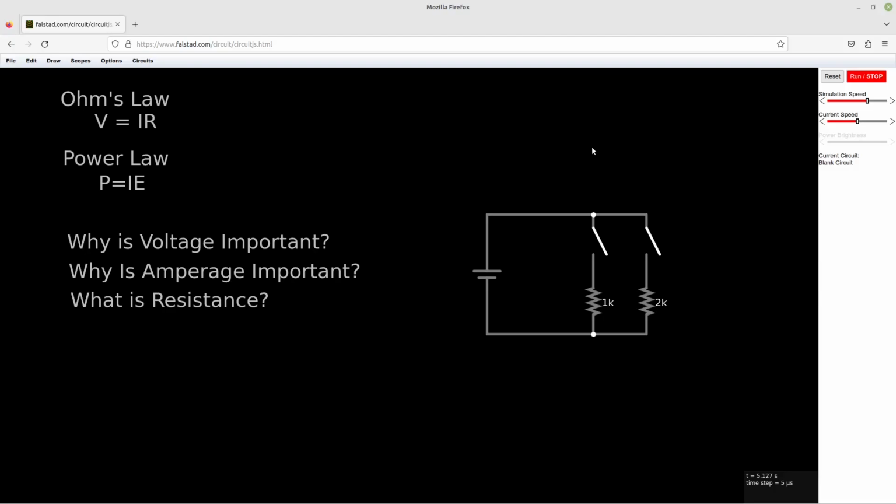So you might be wondering, why is voltage important? Well, voltage is important for a number of things, and in regards to this channel, which is basically a programming channel, we're going to be dealing with it in analog computers.